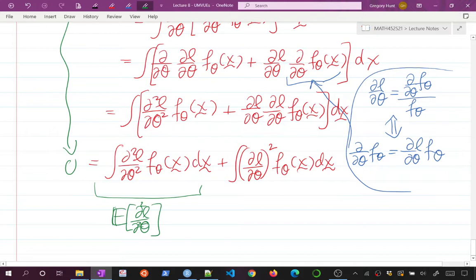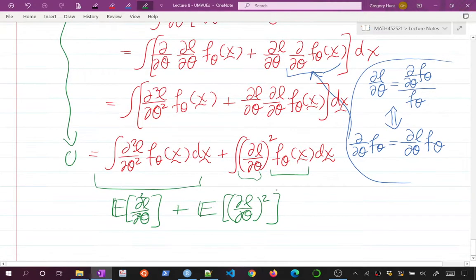And the second one is the expectation of the square of the first derivative, right? It's this thing times the PDF, and you integrate it. That's called expectation. So here, again, I'm abusing my notation a little bit.